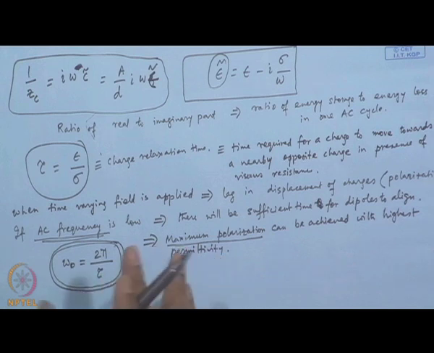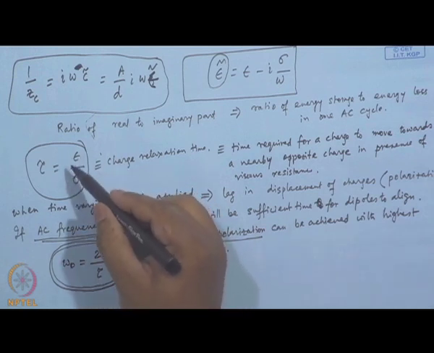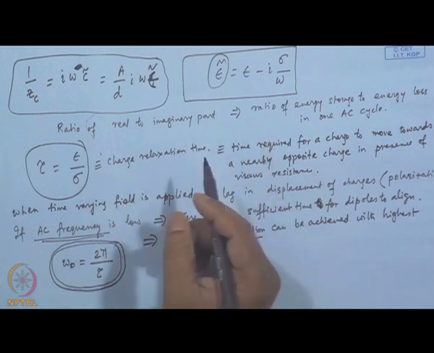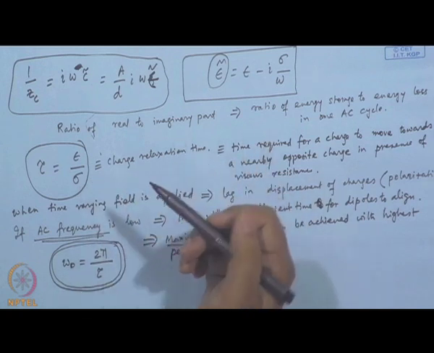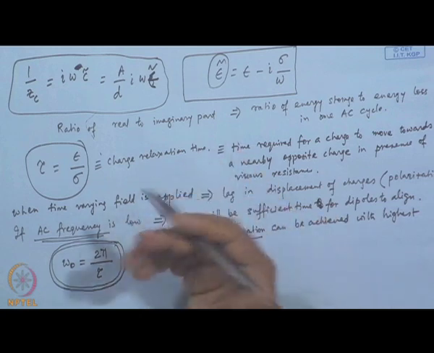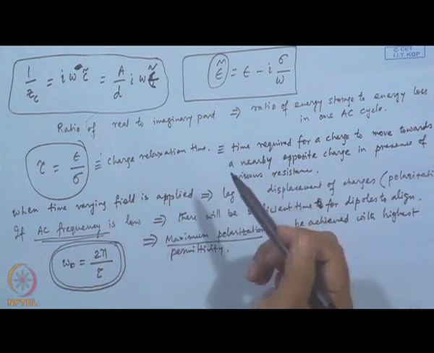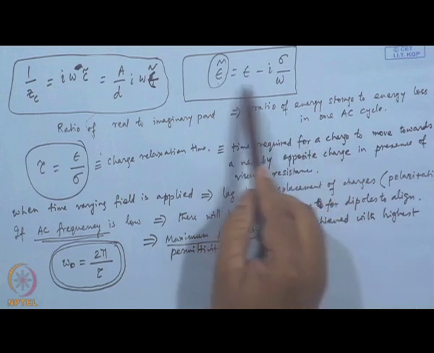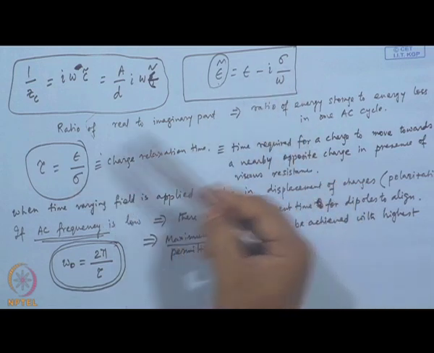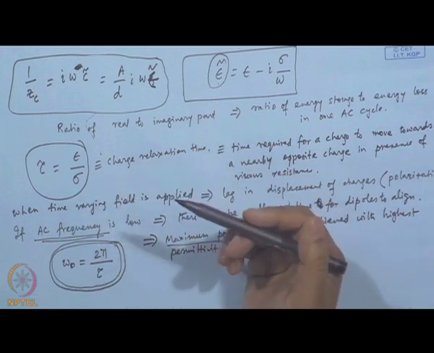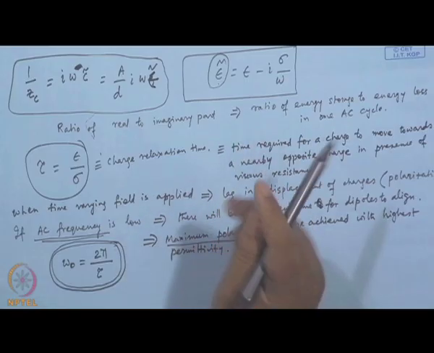This primarily gives the idea of how you can extend your understanding of this relaxation time. We used tau equal to epsilon by sigma for DC electrospray. Now for AC electrospray, a similar RC time scale comes in, and you can define a complex permittivity this way and still come up with the right frequency such that this issue is addressed.